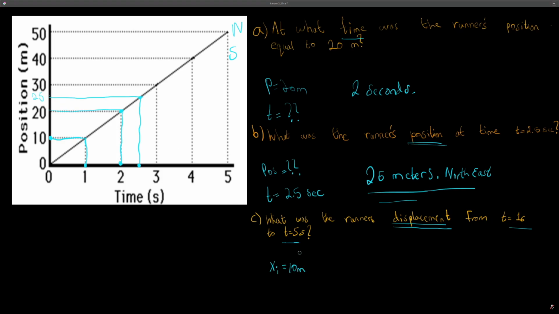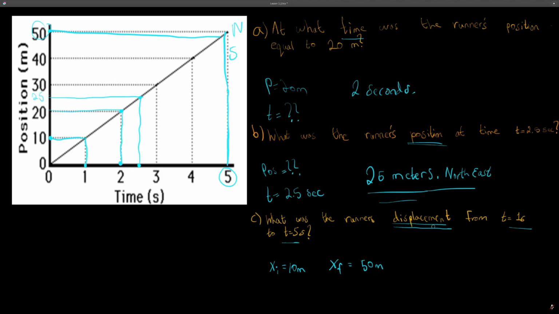Now, the second position is t equal to 5. If we draw our line here, we can see that it's around 50 meters. So x final is equal to 50 meters.